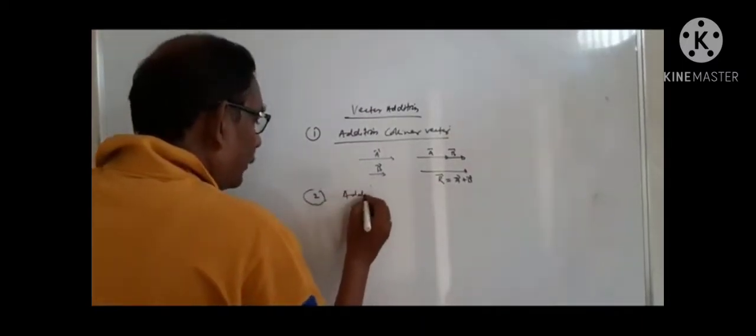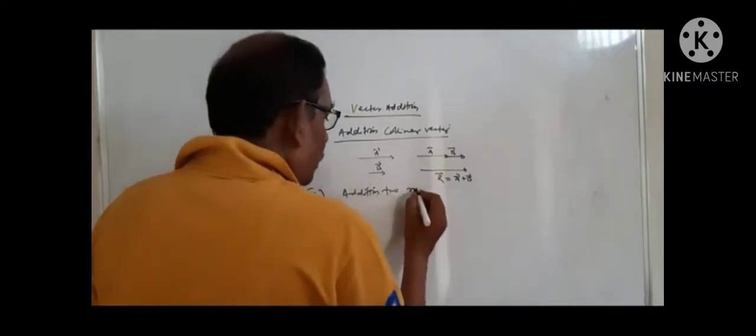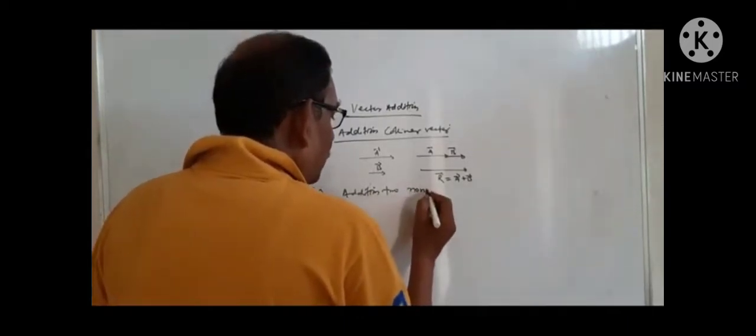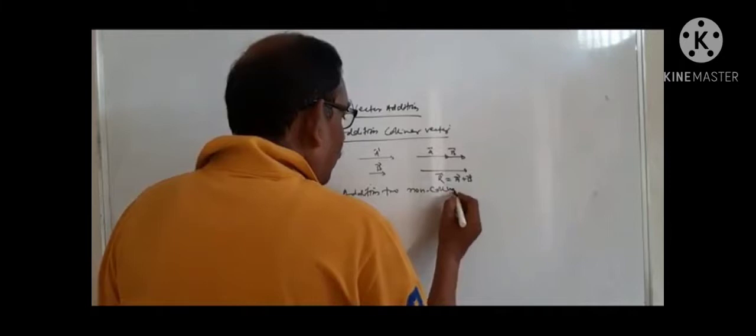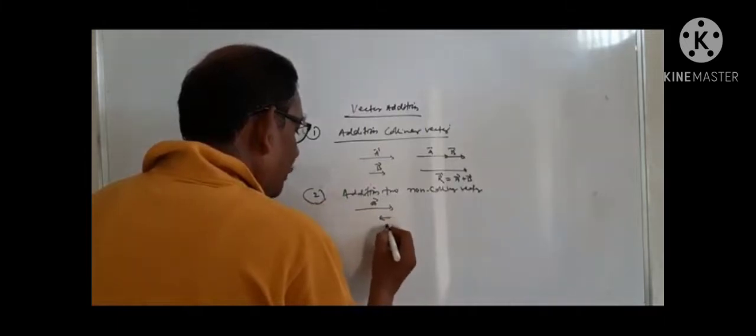Addition of two non-collinear vectors. Vector A and vector B, suppose.